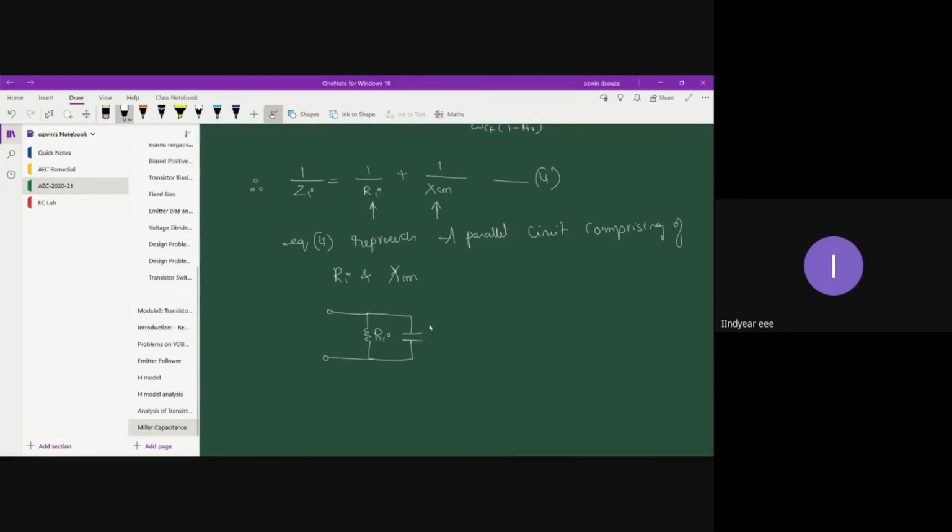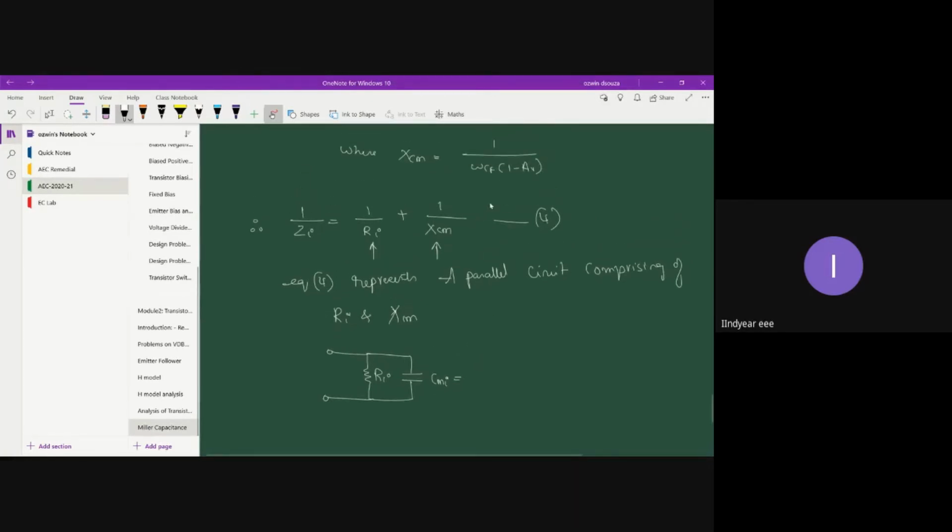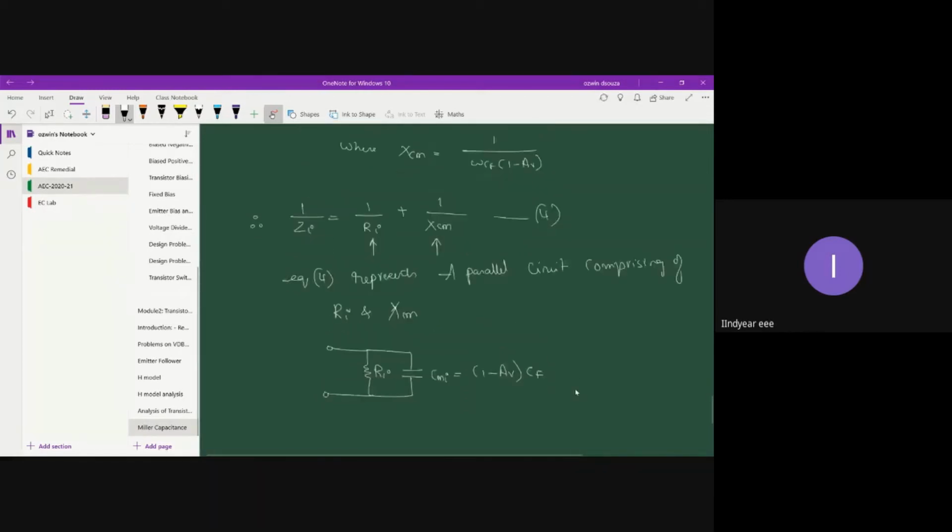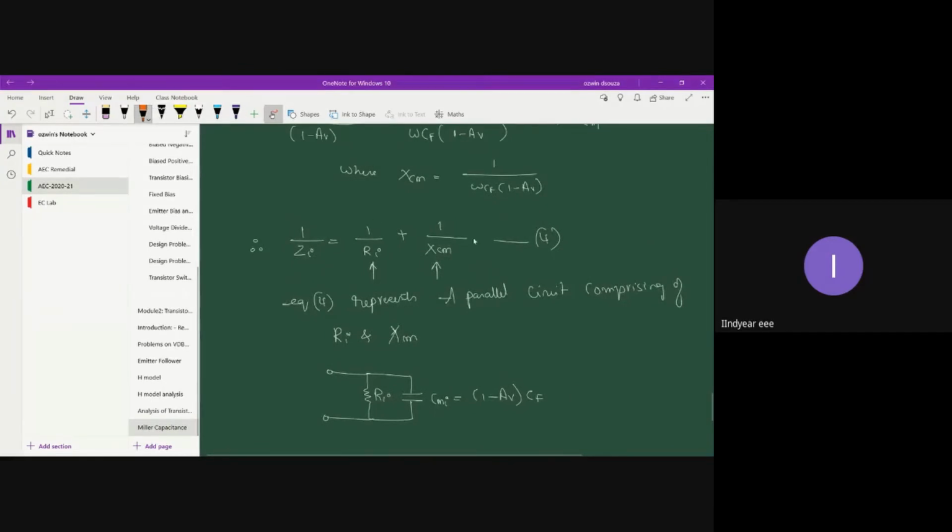This can be written as CMI, the Miller input capacitance, which is equal to 1 minus AV into CF.